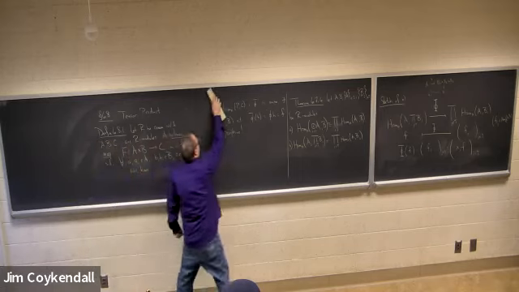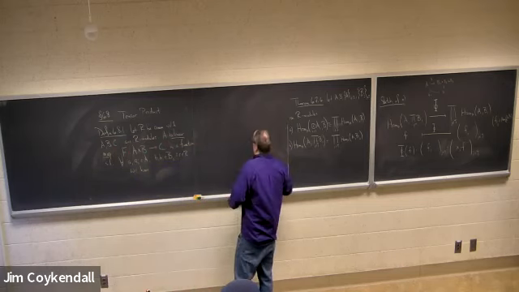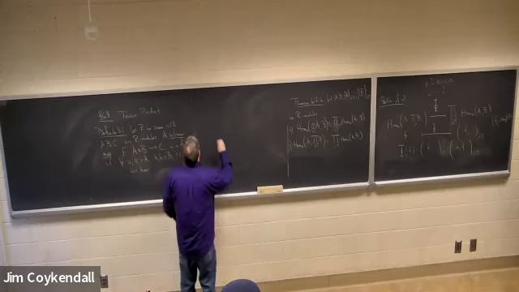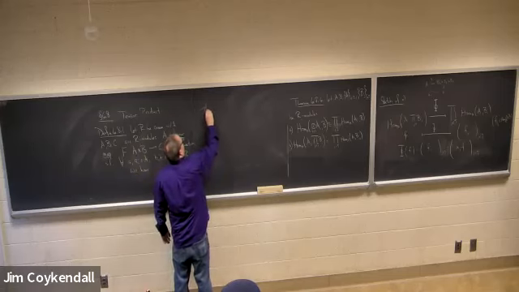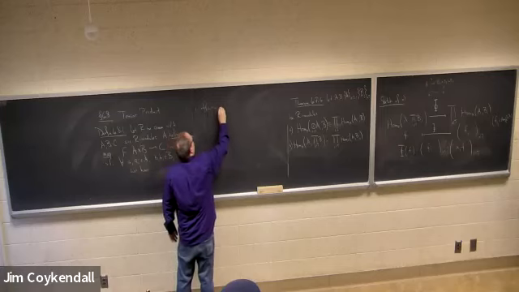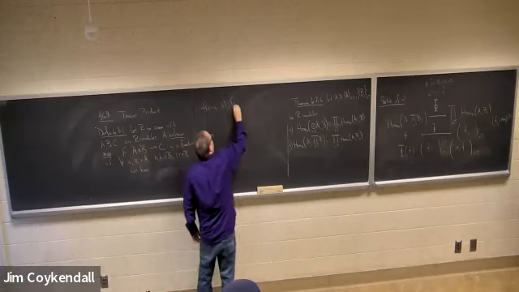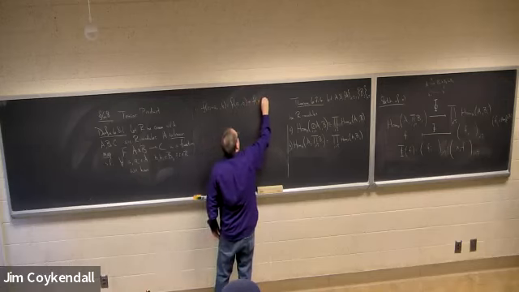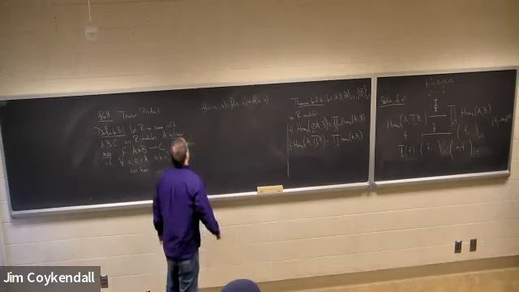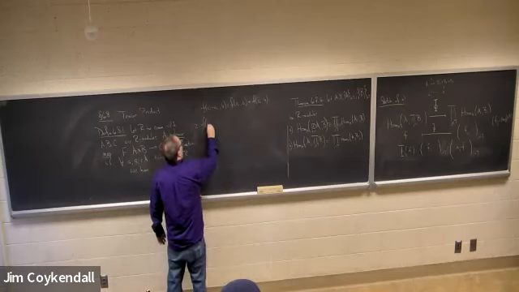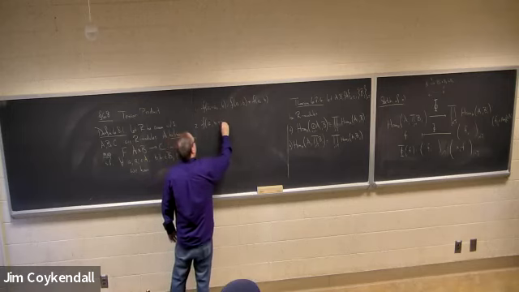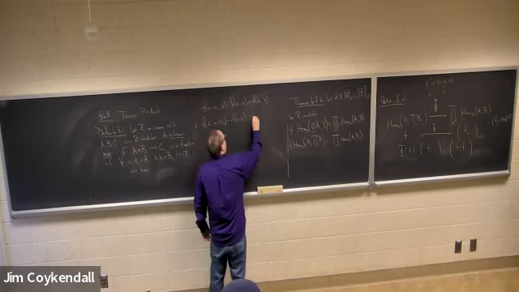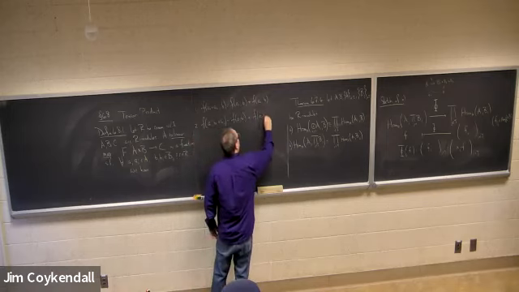What are my rules for a bilinear function? One, F of (A1 plus A2, B) is F of (A1, B) plus F of (A2, B). Two, F of (A, B1 plus B2) is F of (A, B1) plus F of (A, B2).